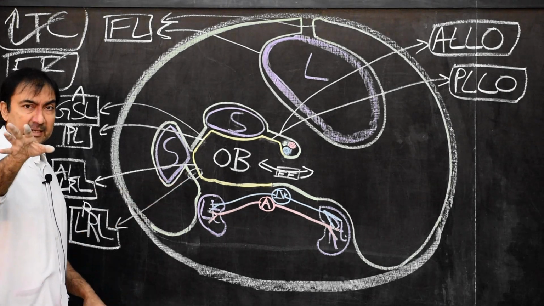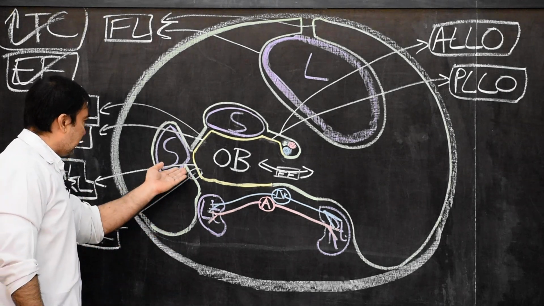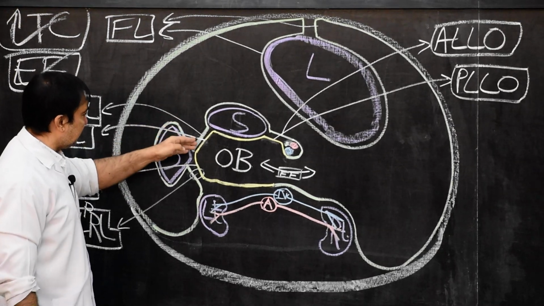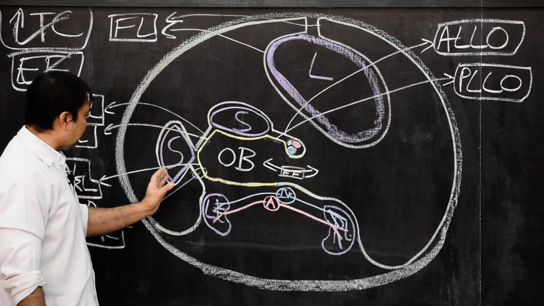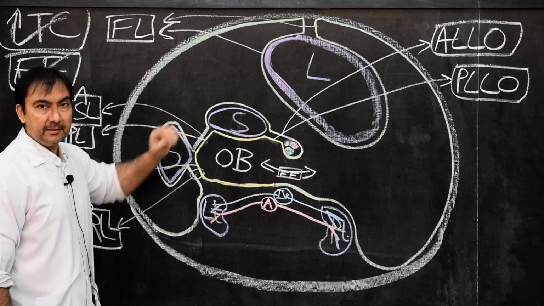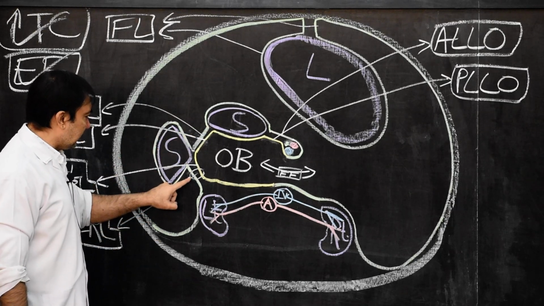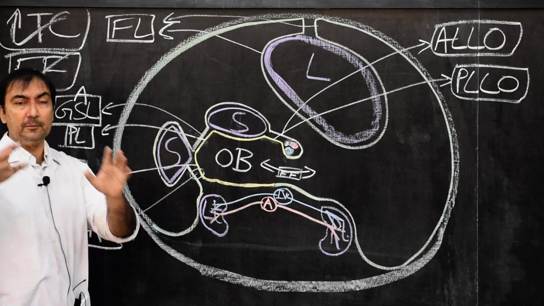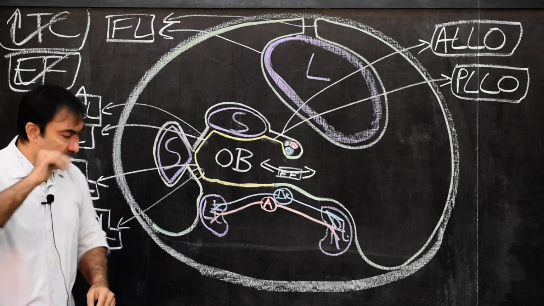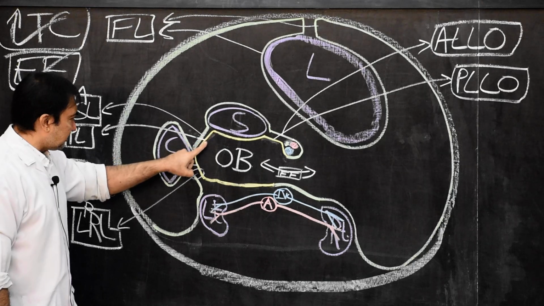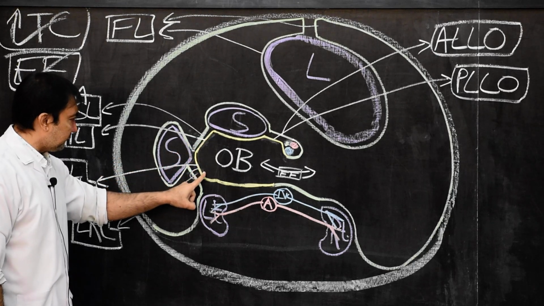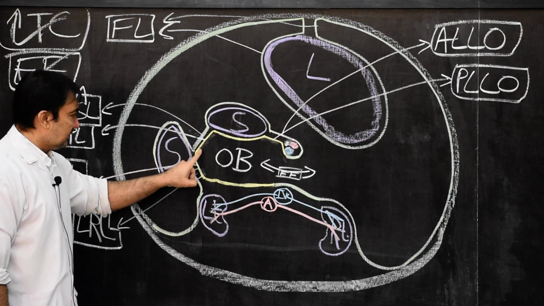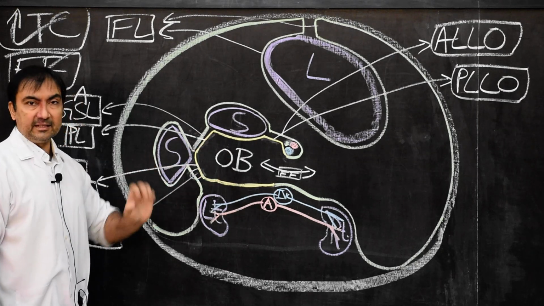So therefore, we now know that the posterior layer of the lienorenal ligament will be continuous as the anterior layer of the gastrosplenic ligament after enclosing the entire spleen. And both of them are derived from the greater sac. Whereas the posterior layer of the gastrosplenic ligament and the anterior layer of the lienorenal ligament, both are derived from the lesser sac.